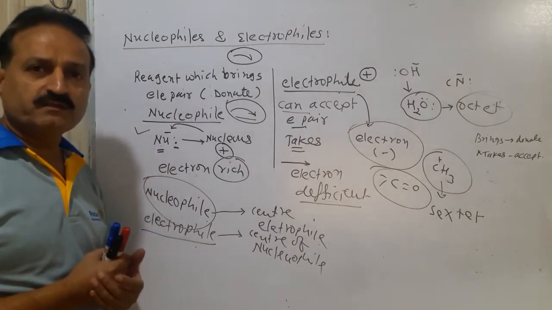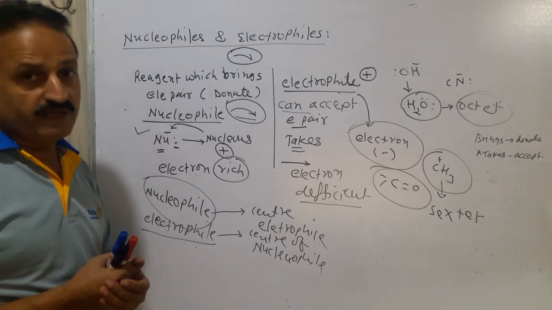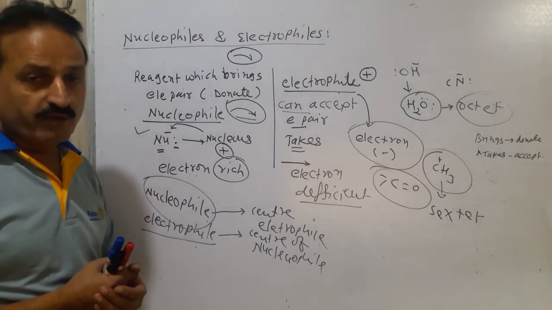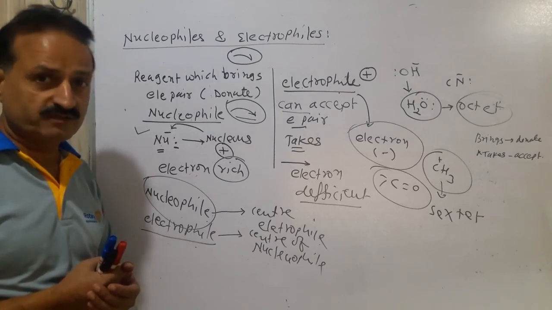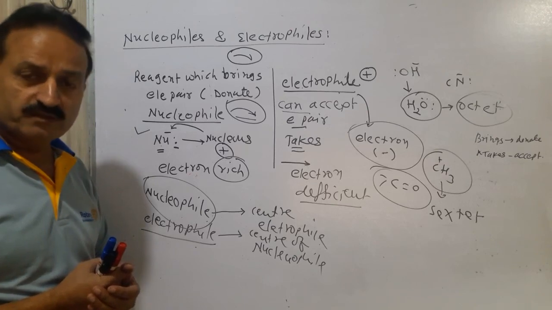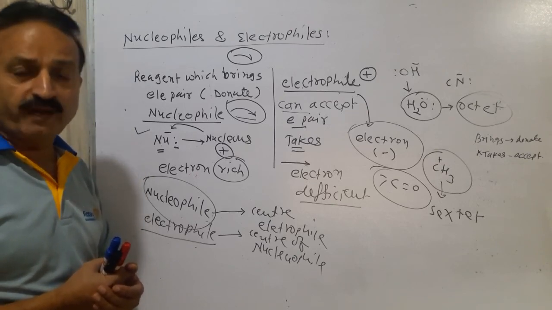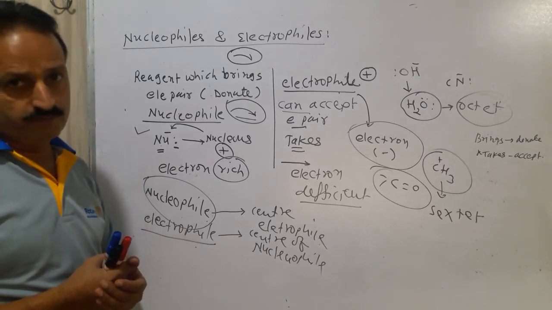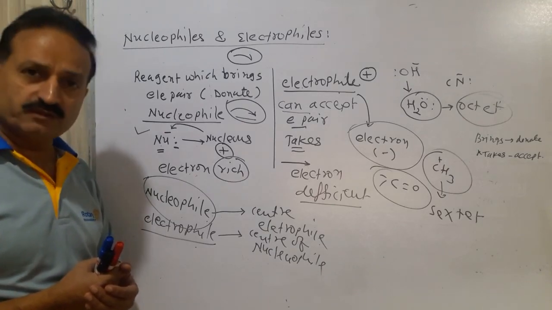Some reagents which are negative are always nucleophile. Some reagents which are positive are always electrophile. Nucleophile means attracted by nucleus, so it must be minus because nucleus is plus. Electrophile means attracted by electron, electron is minus, so electrophile must be positive or electron deficient element or reagent.